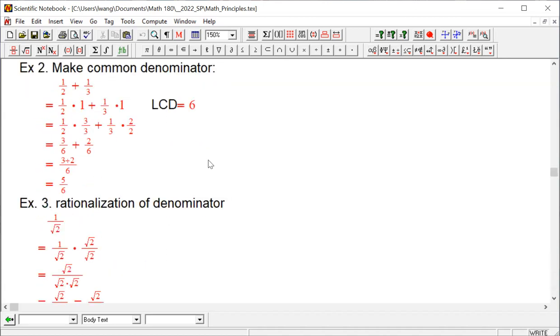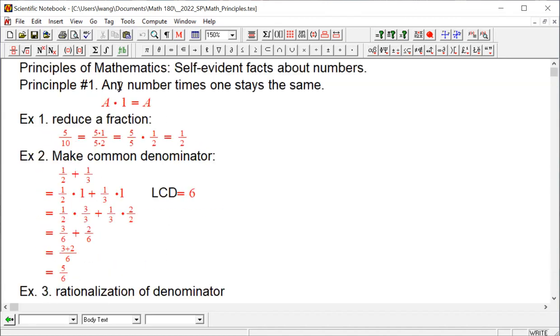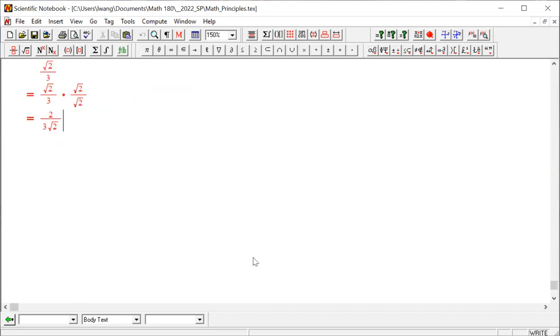So this is the first mathematical principle: any number times 1 stays the same. The second principle, we call it principle number 2, says any number plus 0 stays the same.